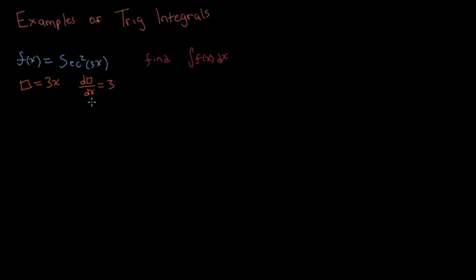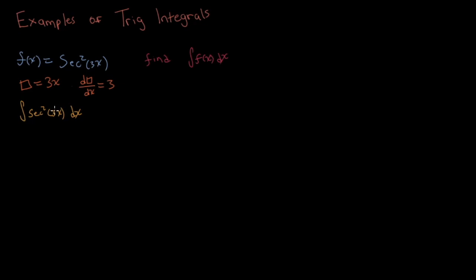Now that we've defined our placeholder, we can start working on this integral. We want to find the integral of the secant squared of 3x dx. Of course, we can't just say this is equal to tan 3x, because it doesn't account for what's in this box, the 3x.